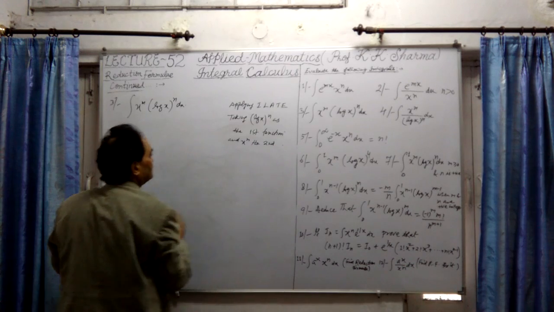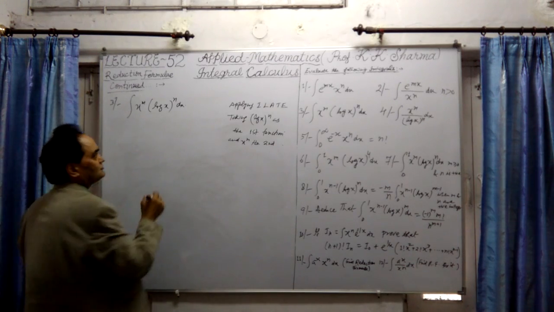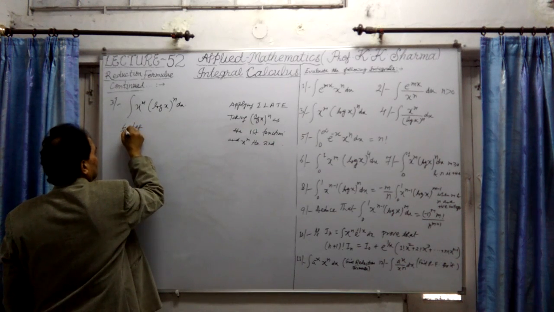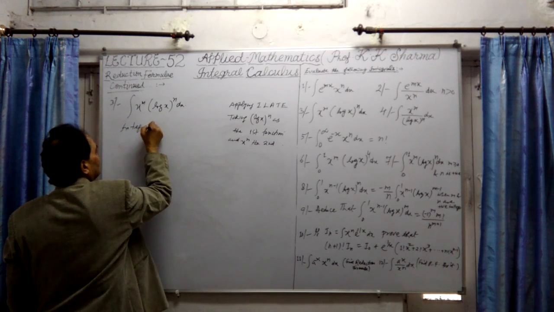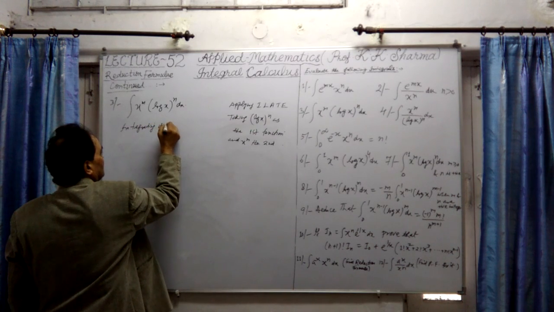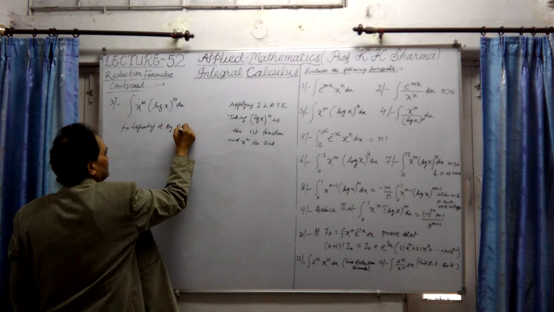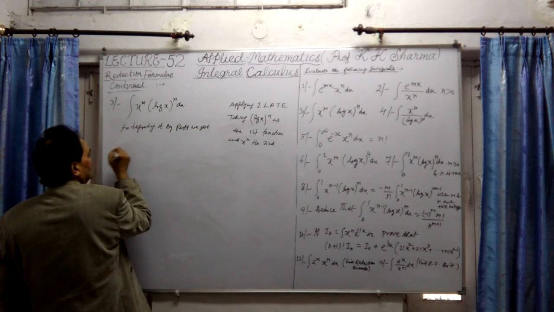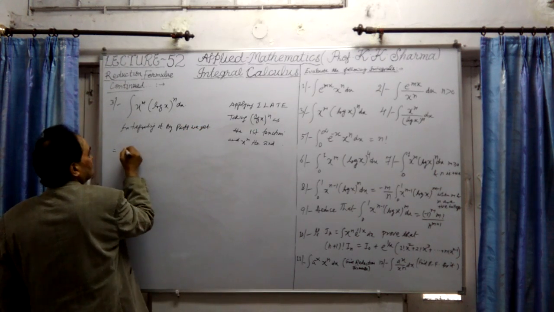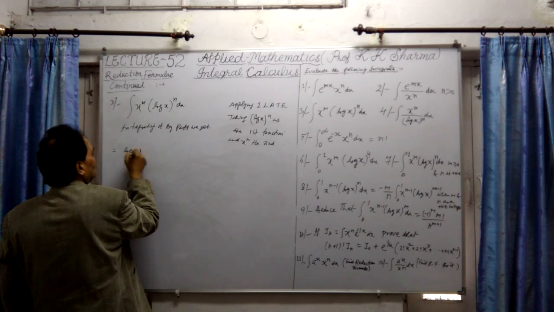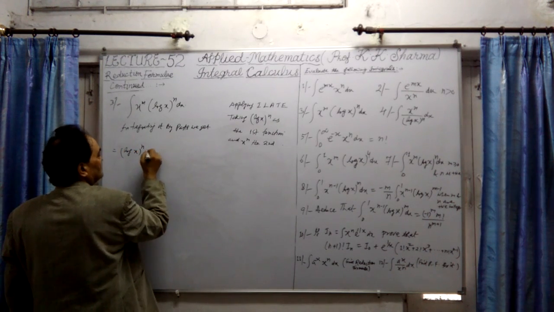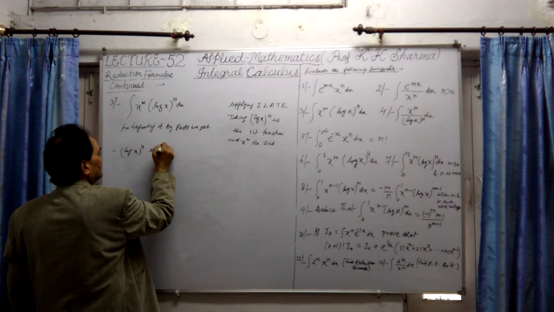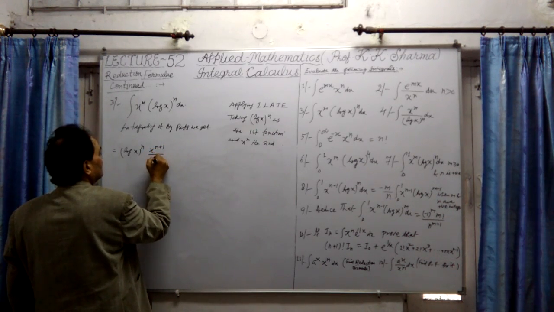Okay, so let me integrate it by parts. We get log of x whole power n as it is, and the integration of x to the power n is x to the power n plus 1 upon n plus 1.